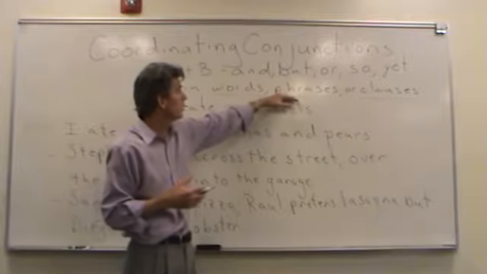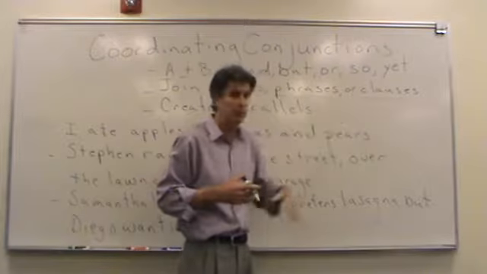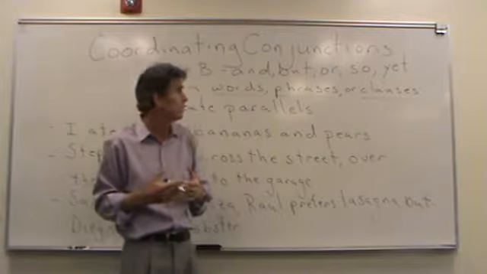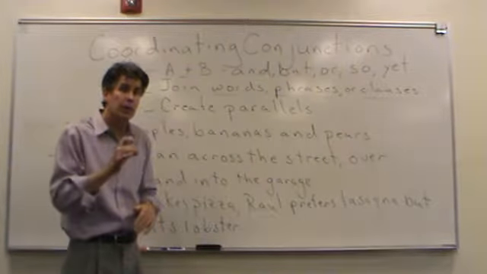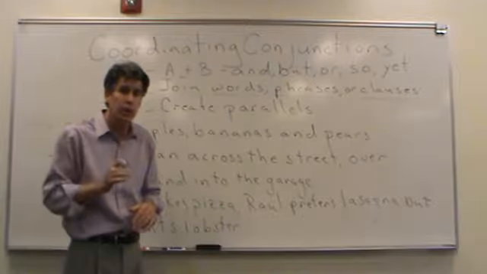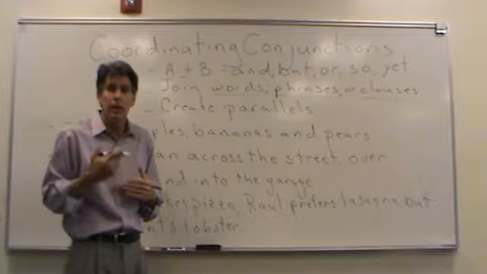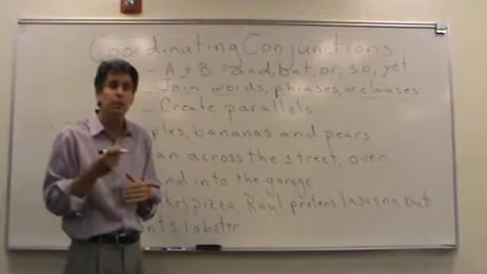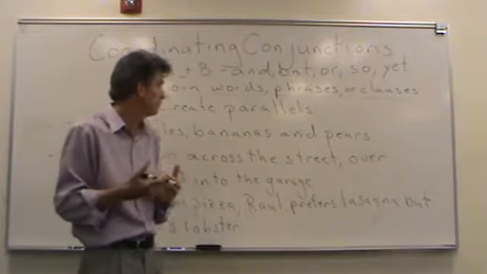So they're very effective with phrases, but they can also be used with clauses. So the most powerful thing you can do with a coordinating conjunction is create a parallel in order to have the effect of creating a rhythm in your writing. And that rhythm guides the reader along. And it makes them admire the style of your writing, not so much the beauty of it, but it gives the ideas a force to them. So they work much more effectively.